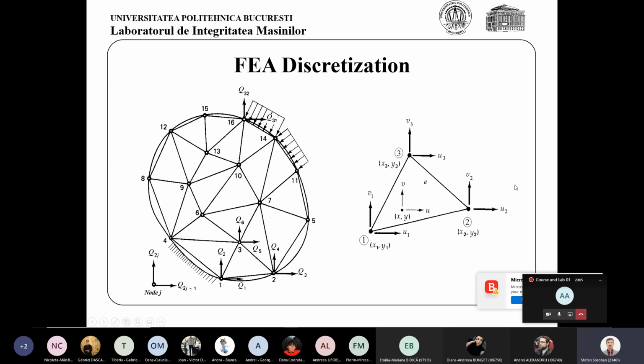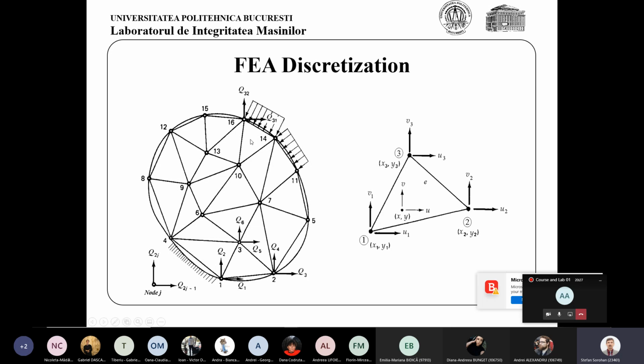We make some theoretical assumptions here, and we can obtain some relationships for each element, and then we can consider the assembling or interaction of these elements, and we can solve a complex problem.